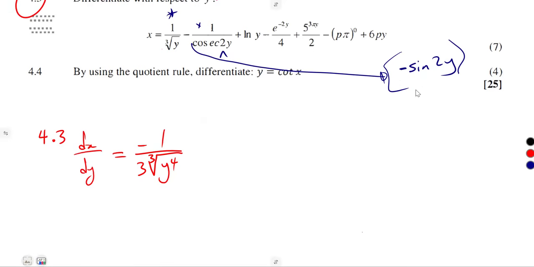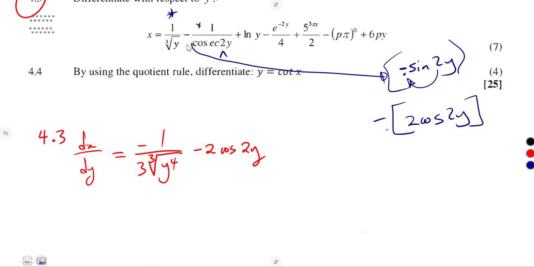So that's the negative here already in our answer. But sine changes to a cos. So it's going to be 2 cos 2y. Okay, so that's negative 2 cos 2y. The negative is this one, guys, that was here. We just carried it into our answer.